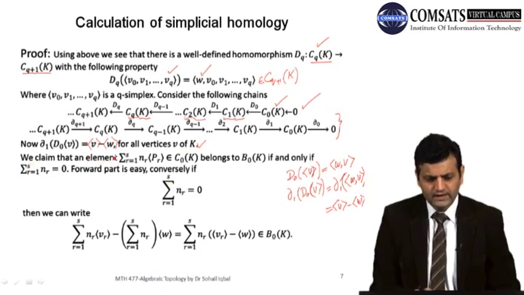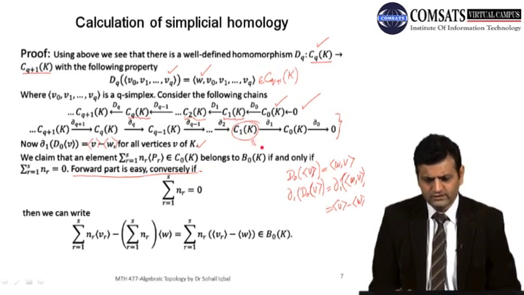Now we claim that an element of c naught of k belongs to b naught of k if and only if the sum of the coefficients is 0. Okay, so the forward part is easy. So why is it easy? If you take an element of c1 of k, what are the elements of c1 of k?